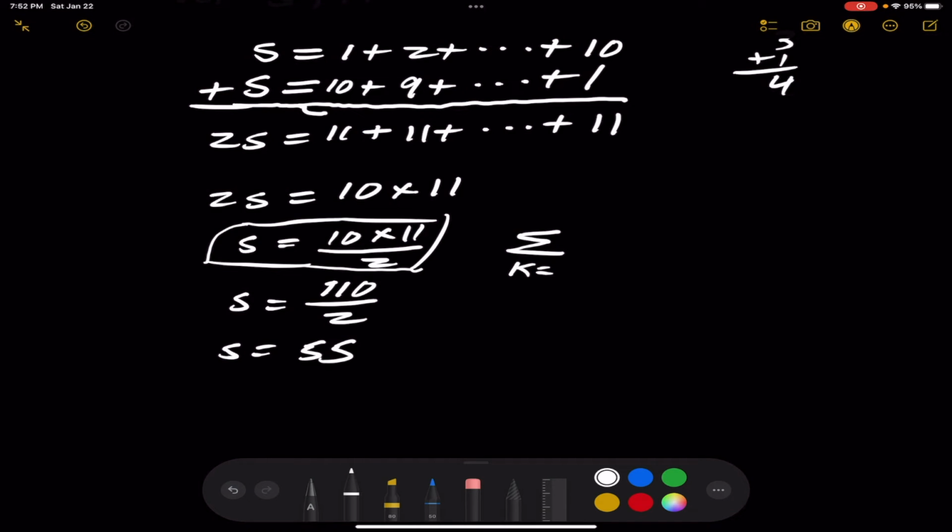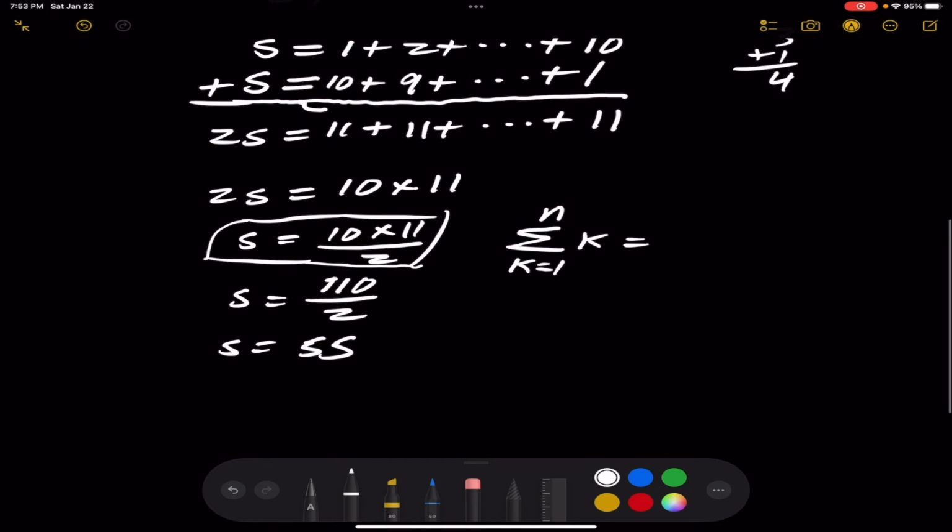The sum from k equals 1, which is where you begin, up to n, that's your goal, in this case 10, can be written as n times n plus 1 over 2.